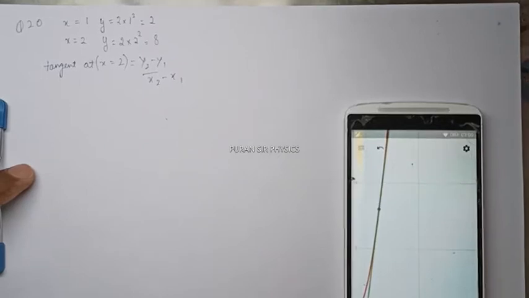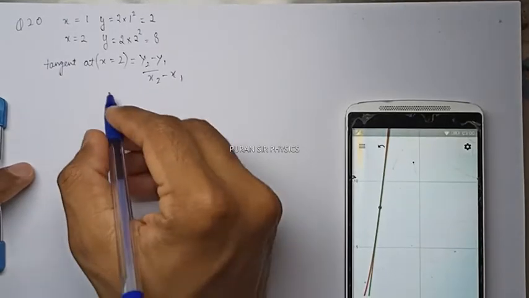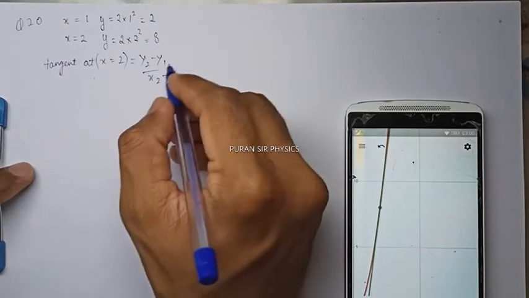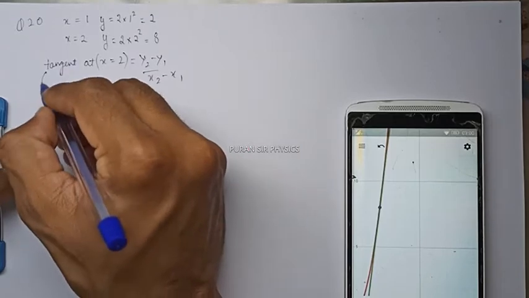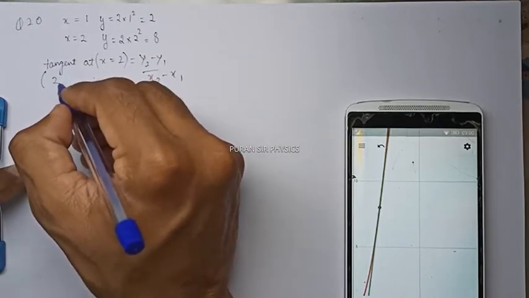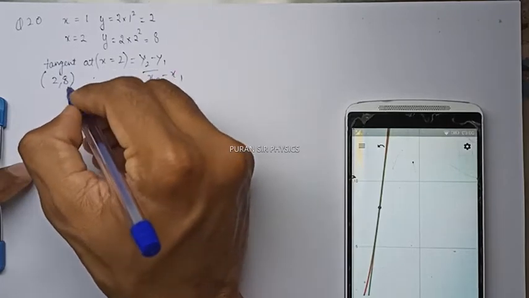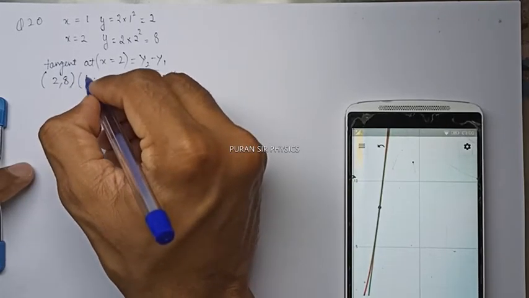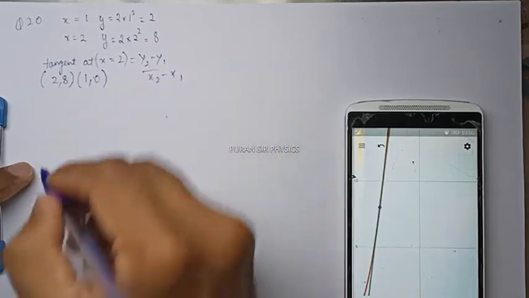Okay, so this tangent passes through 2 points, that is your 2,8 and 1,0.